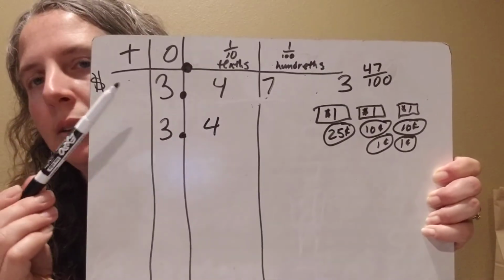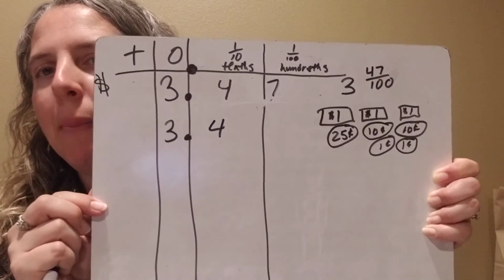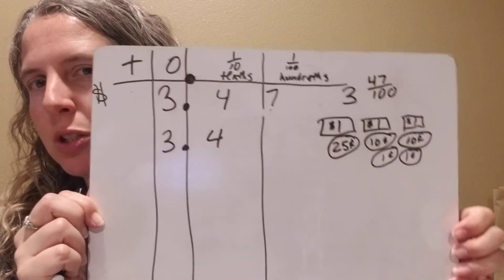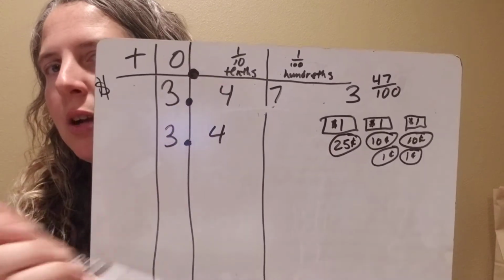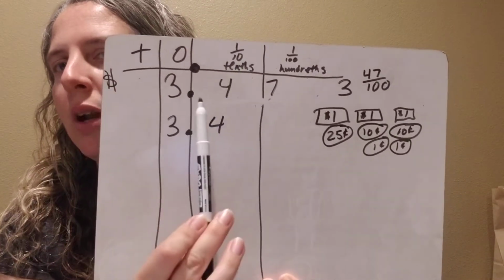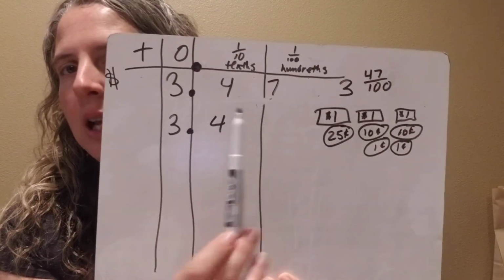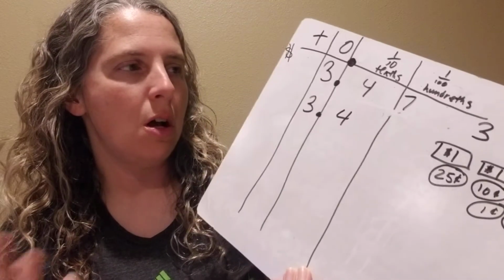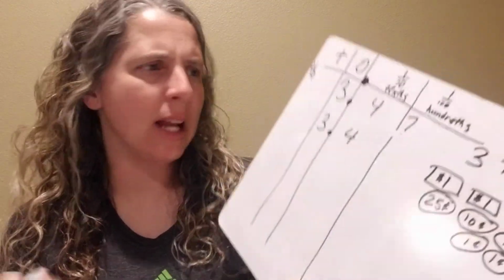Now, all decimals are not money, but that may be the easiest way for you to start thinking of them, to really understand what it is that we're doing here. We're taking this out of 100, so whatever it is that you're looking at. Let's just say candy bars.